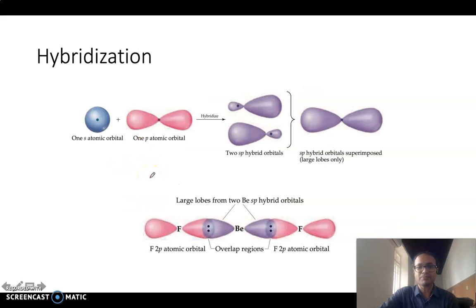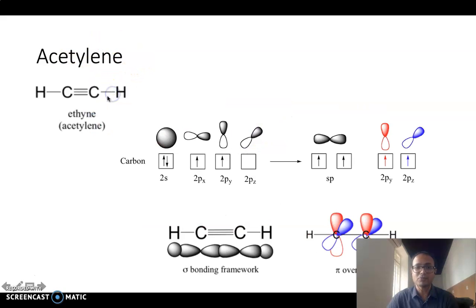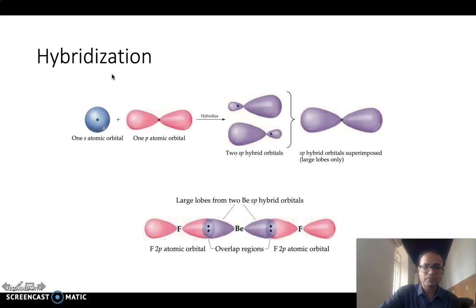That problem was sorted out when Pauling introduced the concept of hybridization. Hybridization basically means mixing of orbitals. On the central atom, there is one s orbital containing an unpaired electron and one p orbital containing an unpaired electron.